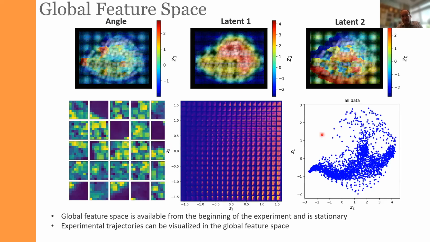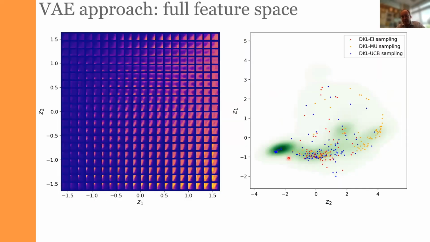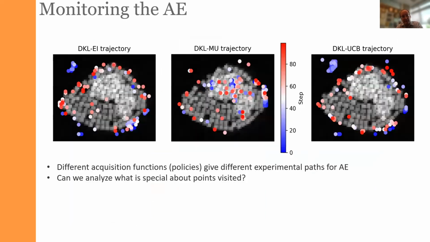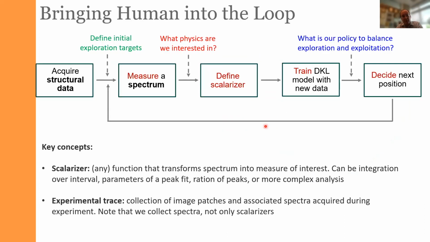They're just represented as the latent space of the variational autoencoder. Comparatively, the UCB and MU and EI spend quite a lot of time in this location of the latent space, where you just have the small classical edges, and these are exactly these regions. So these methods explore the edge of our patch more than anything else.